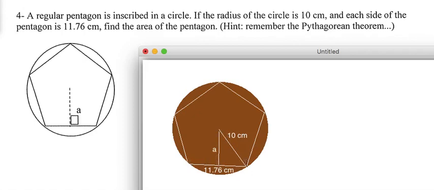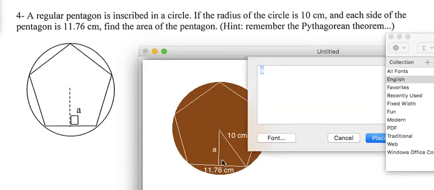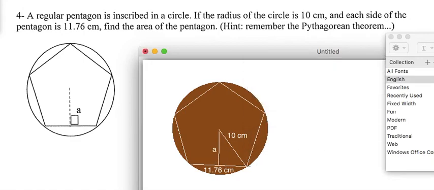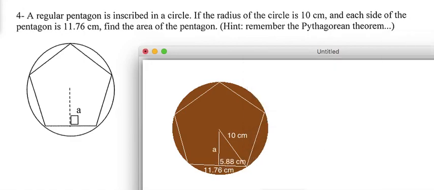If I can get half of that, which would be 5.88, I'm guessing. Let's just go with that, 5.88 centimeters. That's now 1/2 of the side length. And that's going to be useful because even though I didn't draw it very well, this is a right angle triangle. I've got my hypotenuse of 10, one leg of 5.88, and the missing leg is also my apothem, which is what I want in order to get the area here.